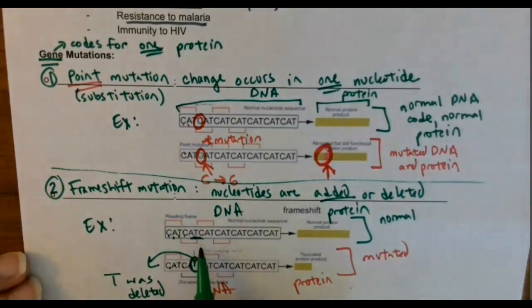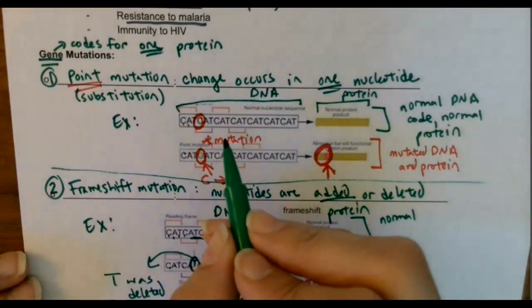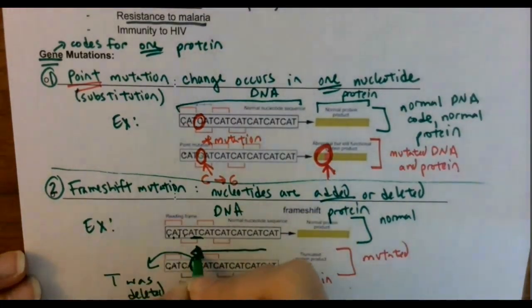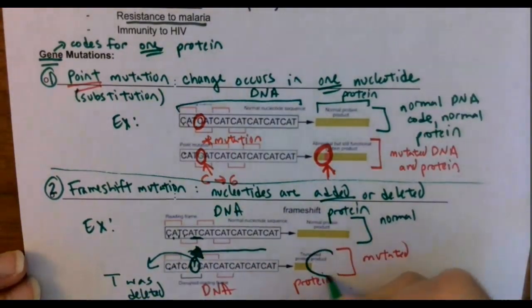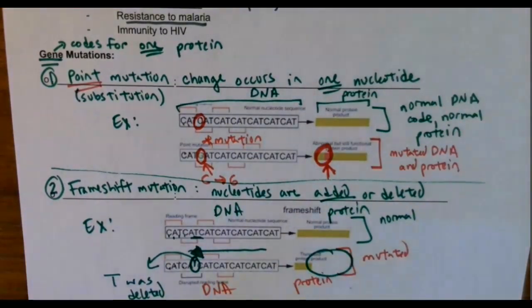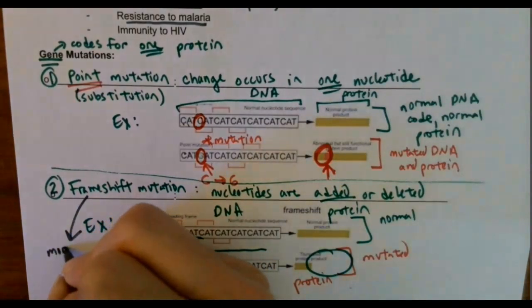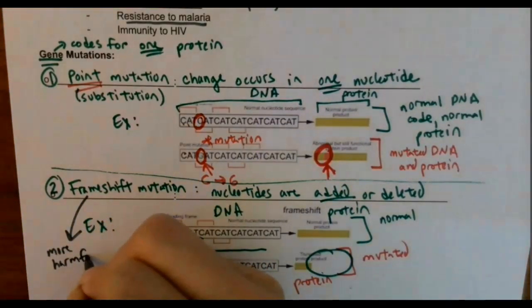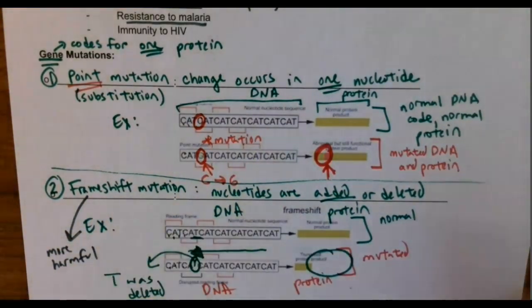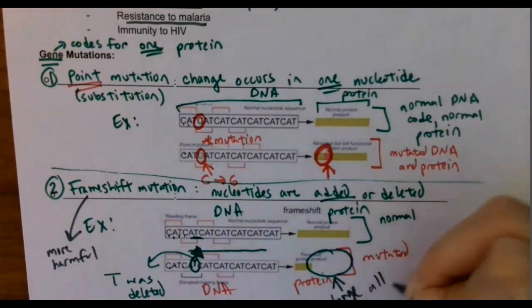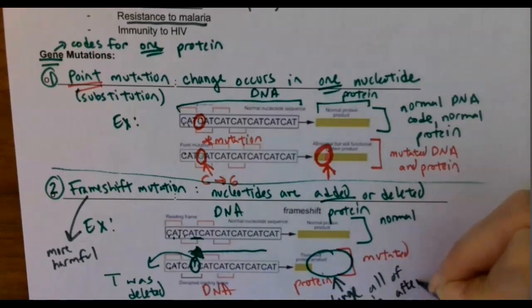This frame shift mutation is more harmful than this point mutation because when the T was deleted, that shifts the entire nucleotide sequence over. That changes the entire protein. So typically, frame shift mutations are more harmful than point mutations because they change all of the protein after the mutation.